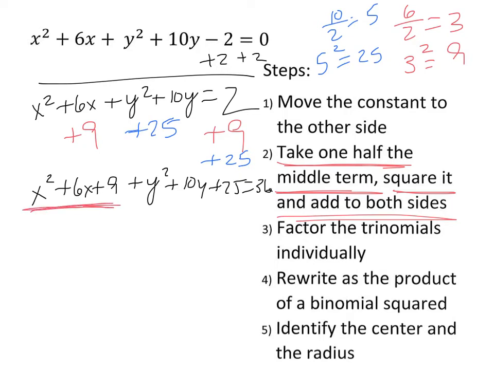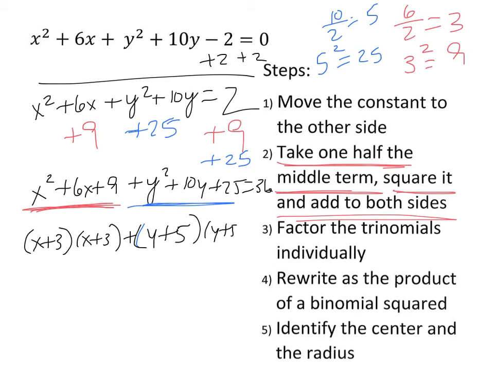Now it says factor the trinomials individually. So I'm going to take a look at this one. If I was to factor that, I would get x plus 3 times x plus 3 plus, and if I factored the next one, I would have y plus 5 times y plus 5 equals 36. And then I'm going to rewrite them as the product of a binomial squared.